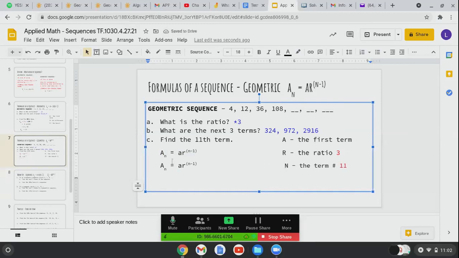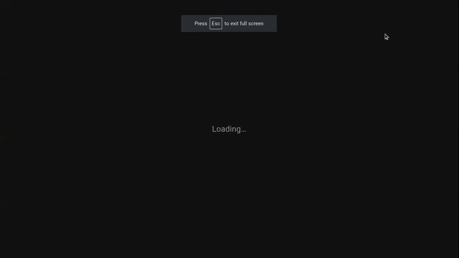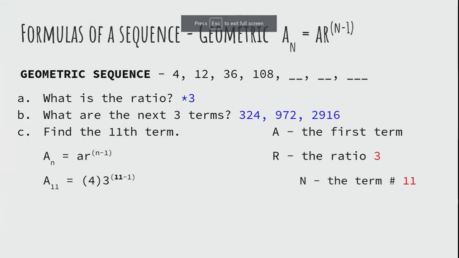All right, so our N is 11. A is 4. All right, so ladies and gents, everywhere there was a variable, there is now a number.